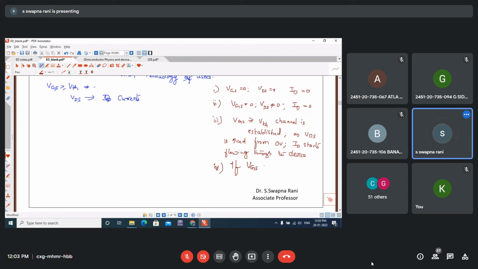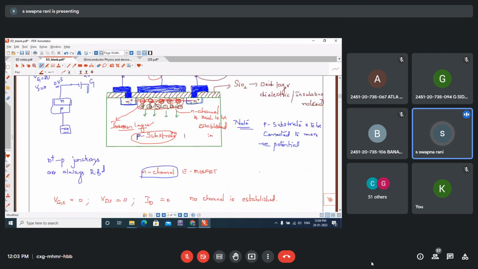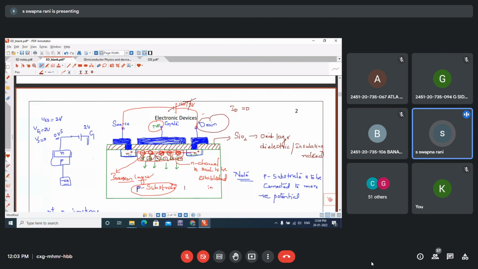If VGS becomes more and more positive, what will happen? If we increase the gate voltage further beyond threshold, more electrons will be induced into the channel.